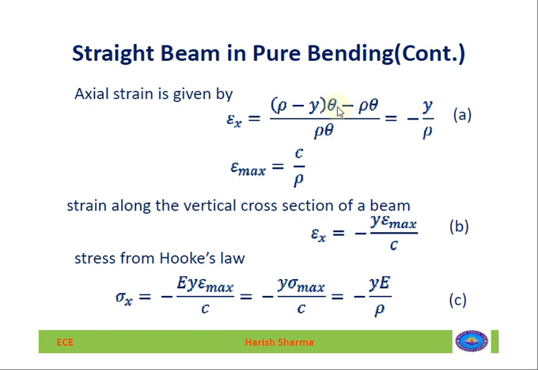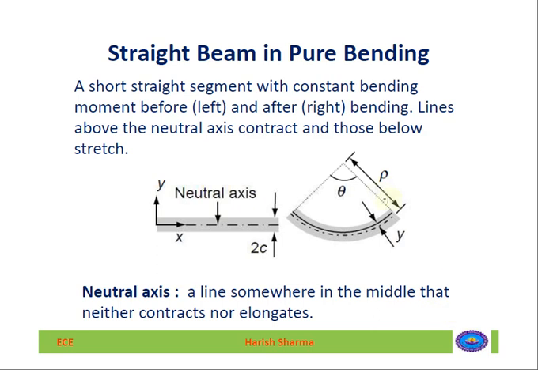So why rho minus y? Because from the diagram, rho is the distance of the center point from the neutral axis, and we take an imaginary line at a distance y from this neutral axis. The dotted line is the neutral axis.